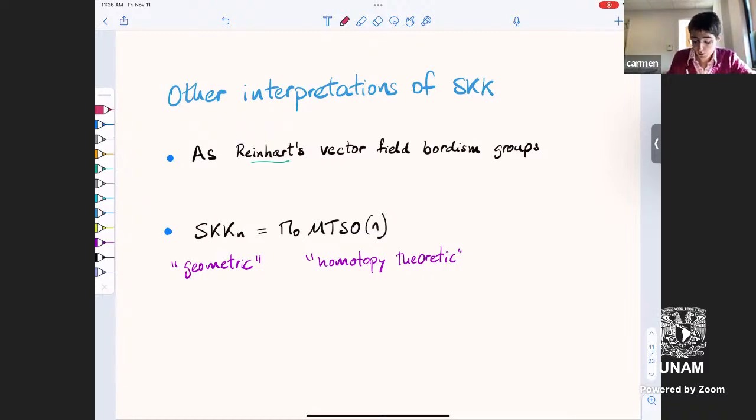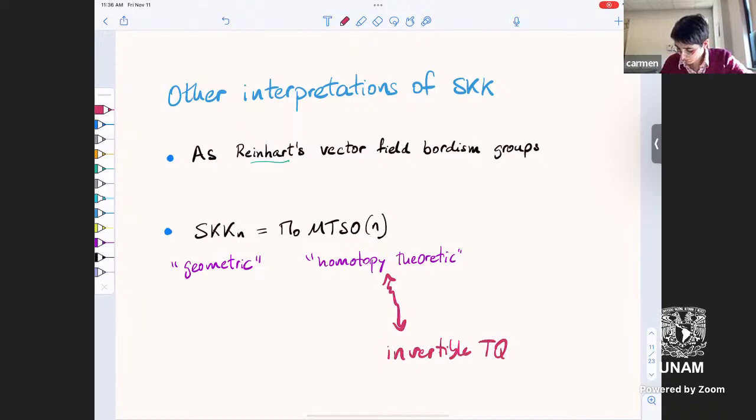And you could say, well, why not relate them to other interpretations of the group? Well, that is the right way to think of it. There is a lot of work done on the relation between the more homotopy theoretic interpretation and invertible TQFTs.